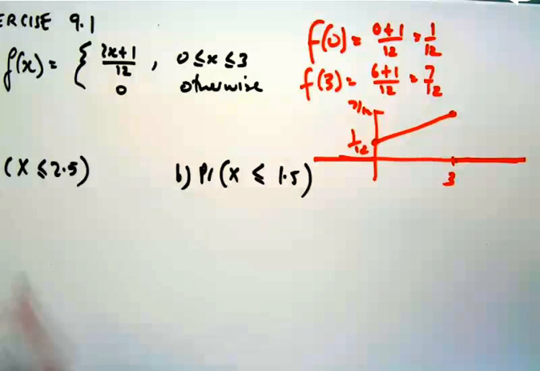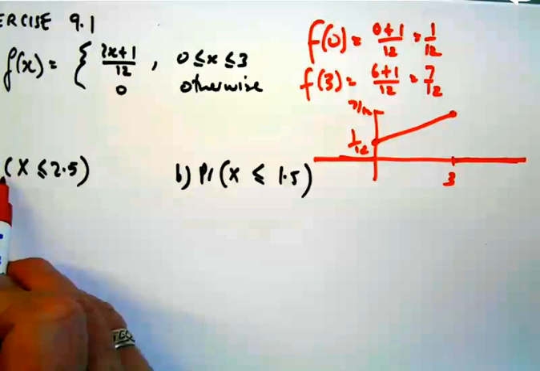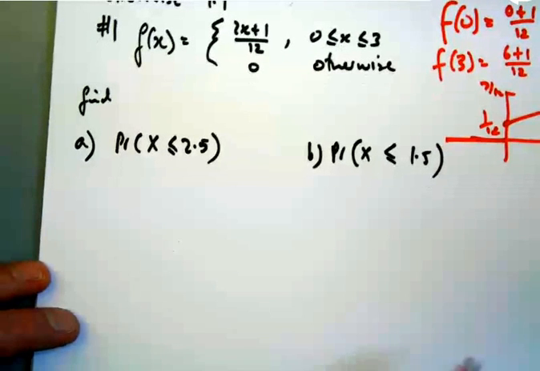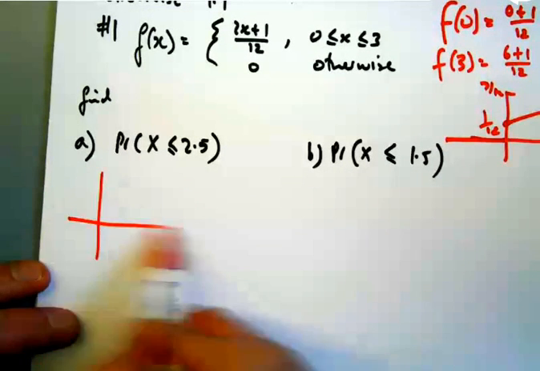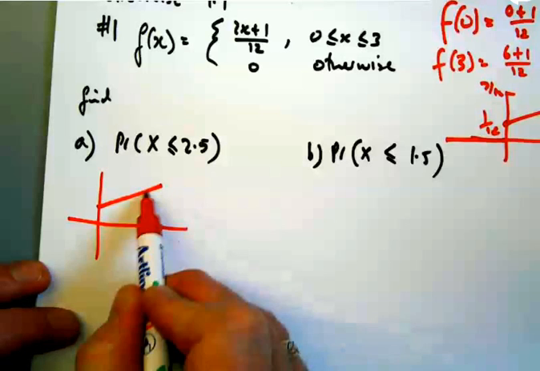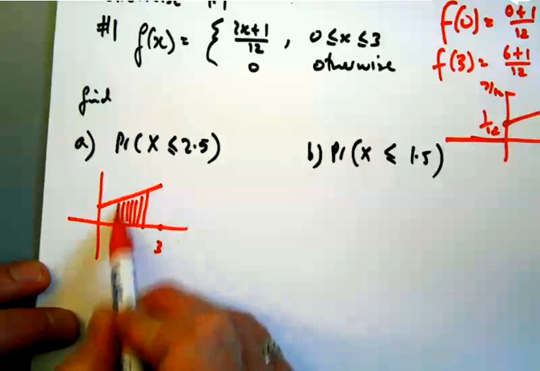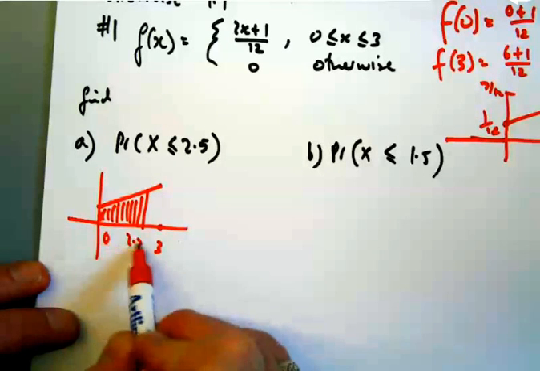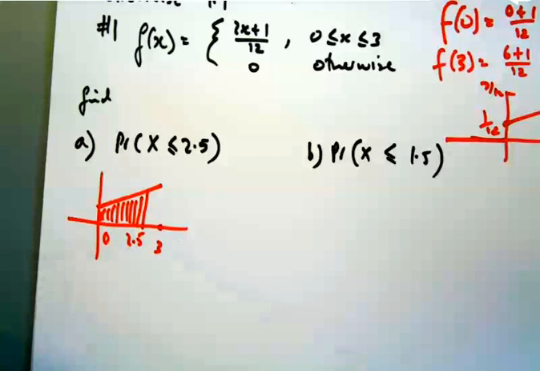Now, the probability in part A's case that x is less than 2.5 is actually that area there, from 0 to 2.5. And what's that going to look like?